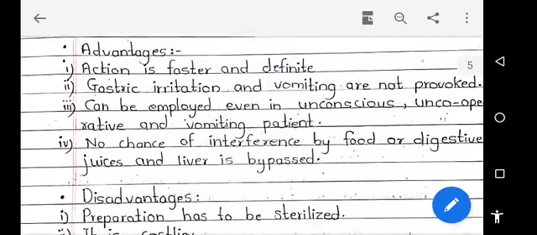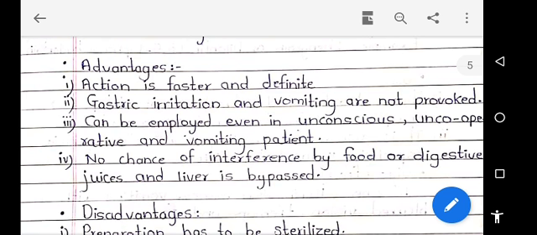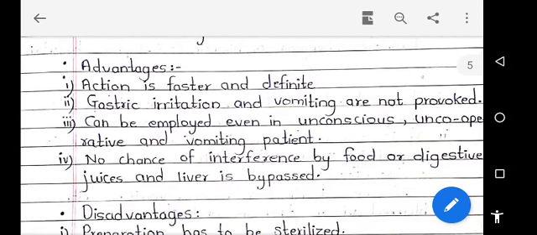So friends, we use this in day-to-day life. We use the parenteral routes because sometimes the body is not in a position to take drugs by oral route of drug administration.